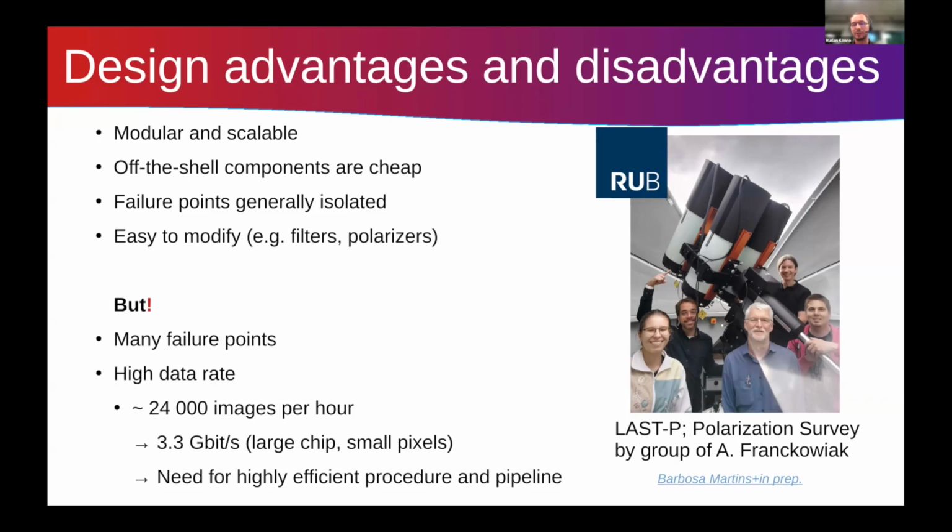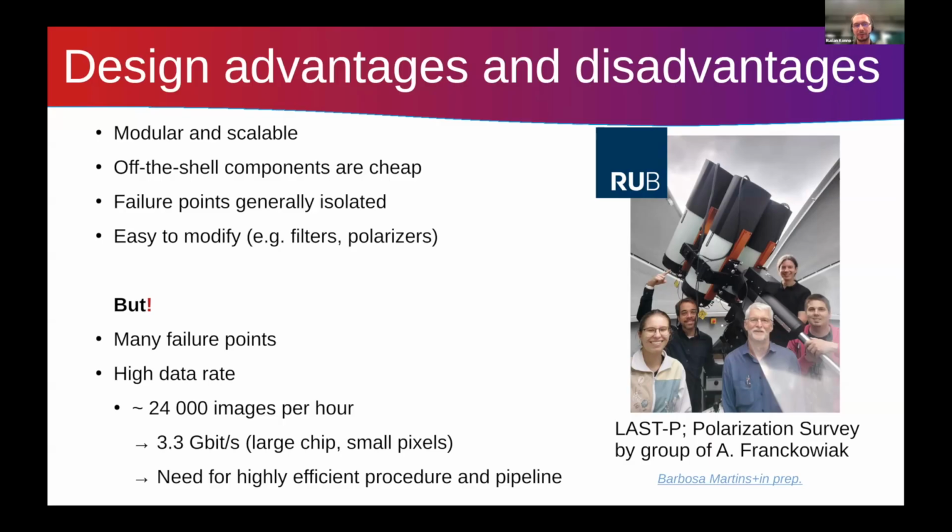You can add filters, you can add polarizers, and so on. Actually, at Bochum, the group of Anna Krowiak is using the LAST design to fit them with polarization filters. So you can measure 4 different polarizations with the 4 telescopes at the same time and get your polarization angle instantaneously.